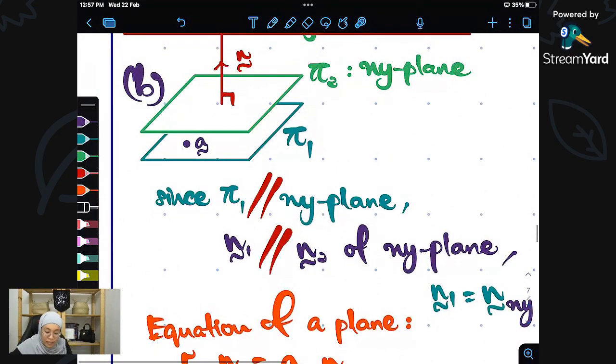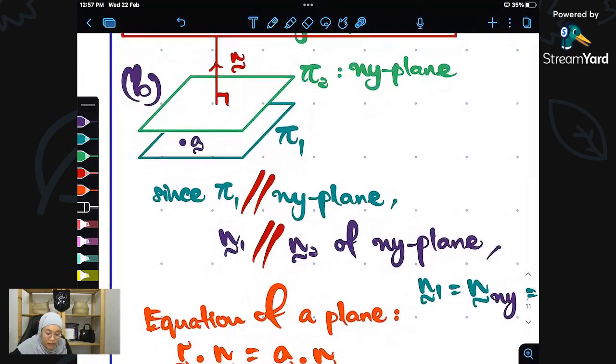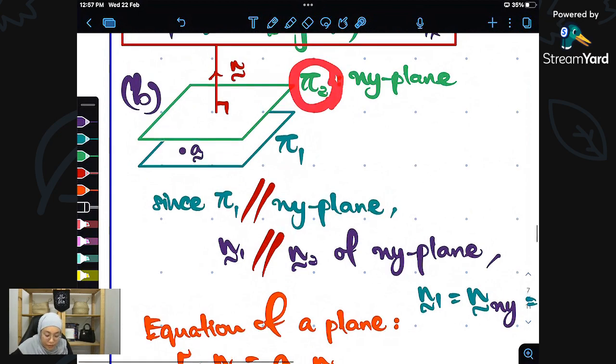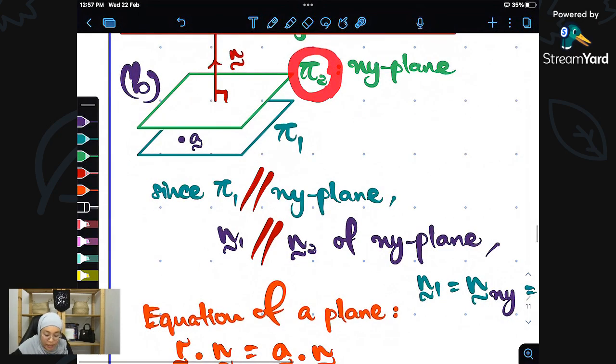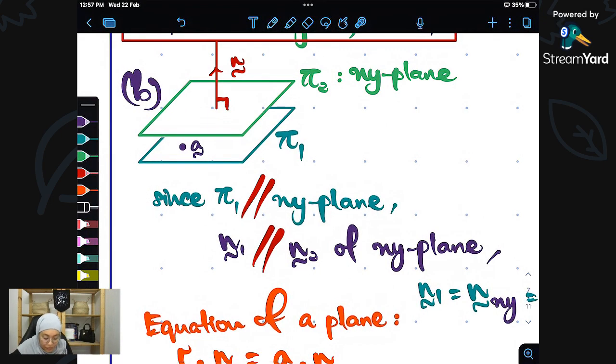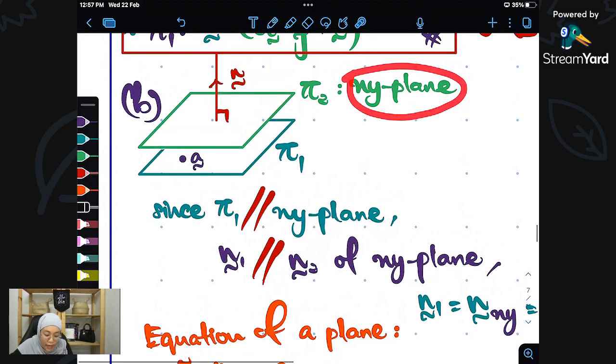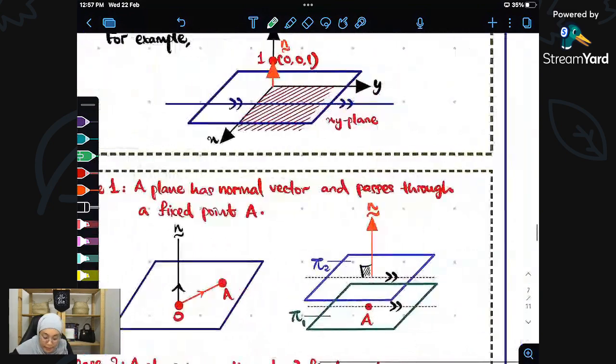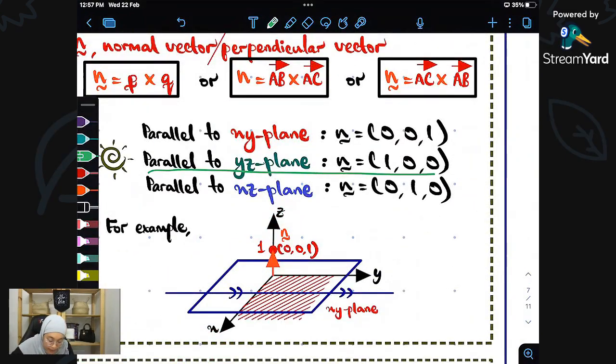They asked from us that the plane pi 2 ni is parallel to the XY plane. As I said, parallel to the XY plane ni ha.